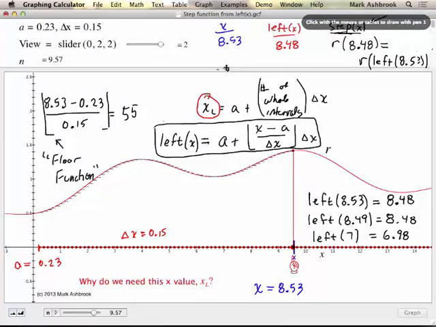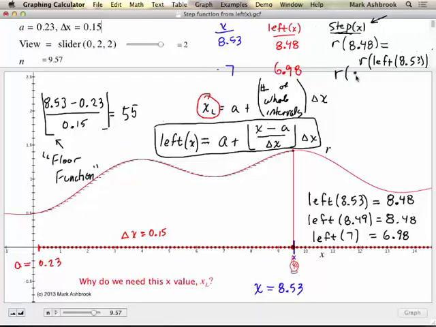Okay, so now let's do 7. She wants to do 7. So if x equals 7, what is left of 7? 6.98. What's the value of the pretend rate at 7?